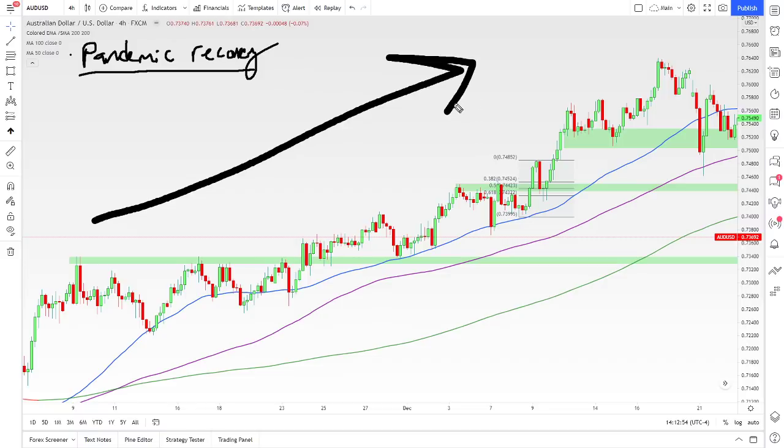And what does that have to do with the AUD USD currency pair? That sounds sort of disconnected, right? Well, actually, it is very connected. The Australian economy is heavily based on trade. And so when the markets are terrified of a pandemic and you see major slowdowns in economies, that can cause the Australian economy to do very poorly.